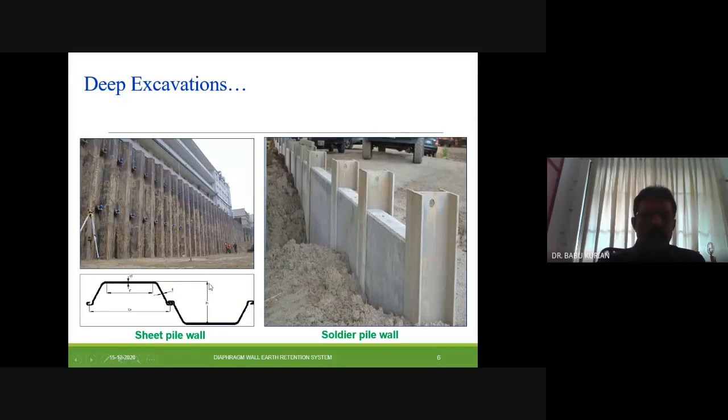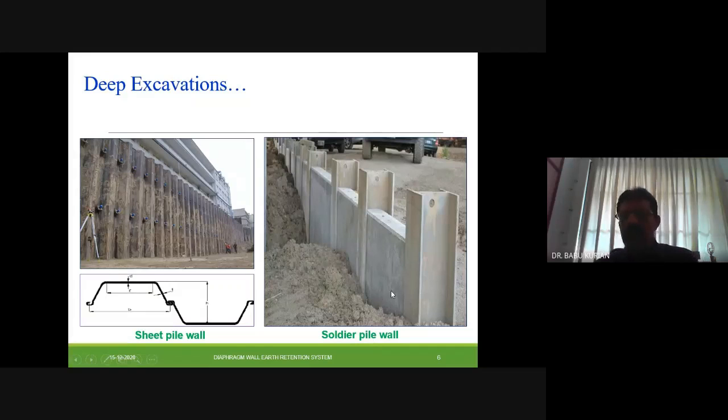This is the total width of the wall, and this is half one and this is another one. Similarly, the plates are connected. And on one side of this plate, the earth will be there and the earth will be protected. So this shows the protection of the sides of the deep excavation with the help of sheet piles. And another method is the soldier pile wall.